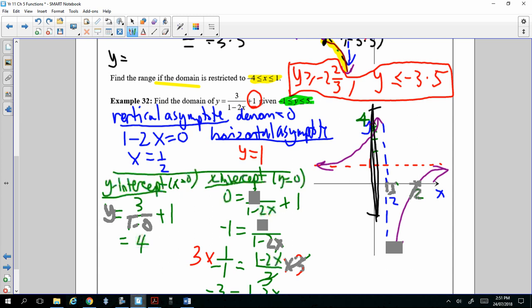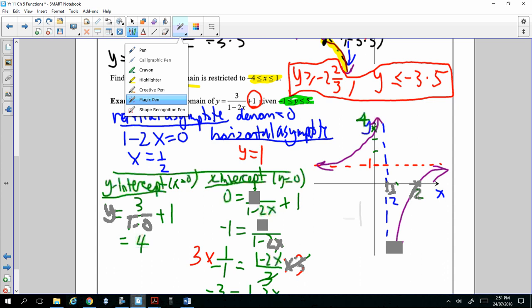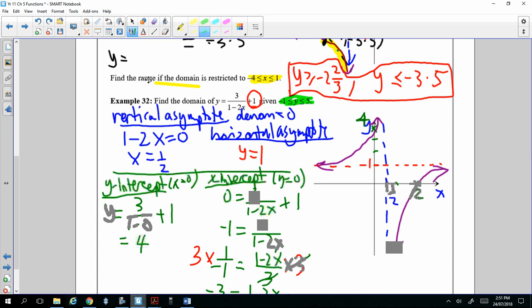Let me highlight the part that we're looking at. We're going to highlight the graph from -1, which is over here, to there. And then everything here up to 5.